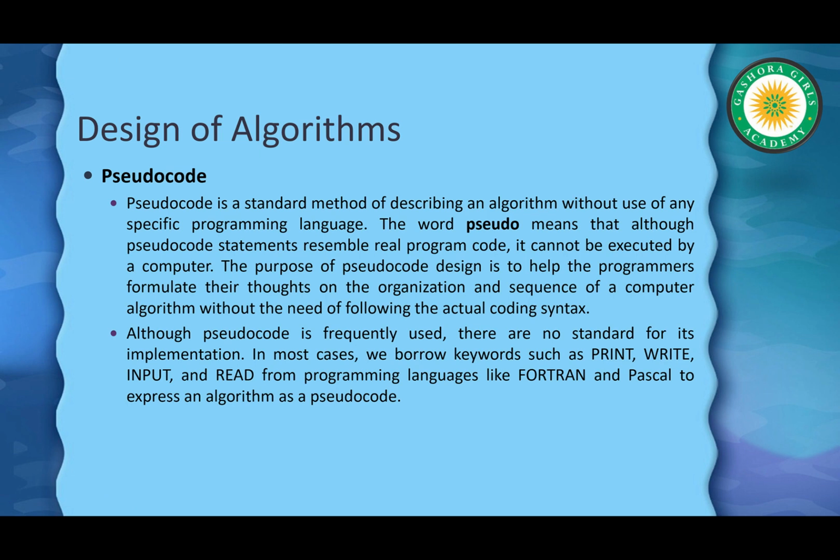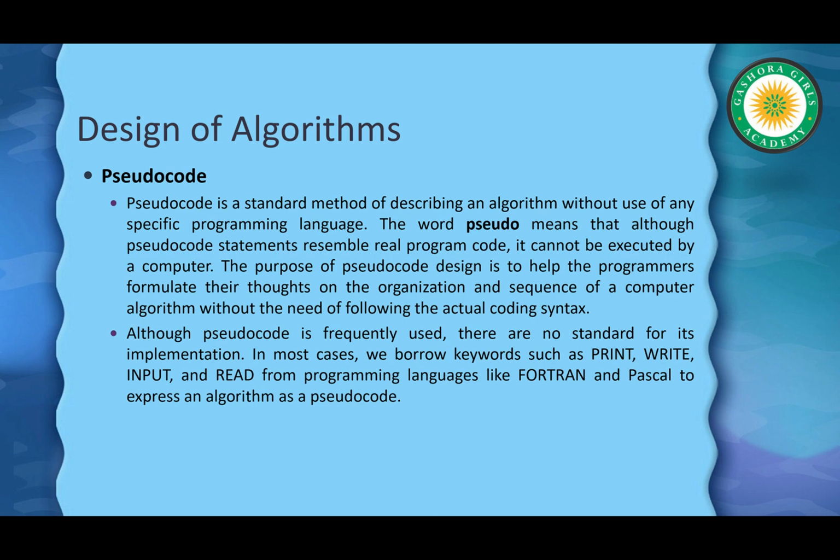The word pseudo means that although pseudocode statements resemble real program code, it cannot be executed by the computer. The purpose of pseudocode design is to help programmers formulate their thoughts on the organization and the sequence of the computer algorithm without the need of following the actual coding syntax.